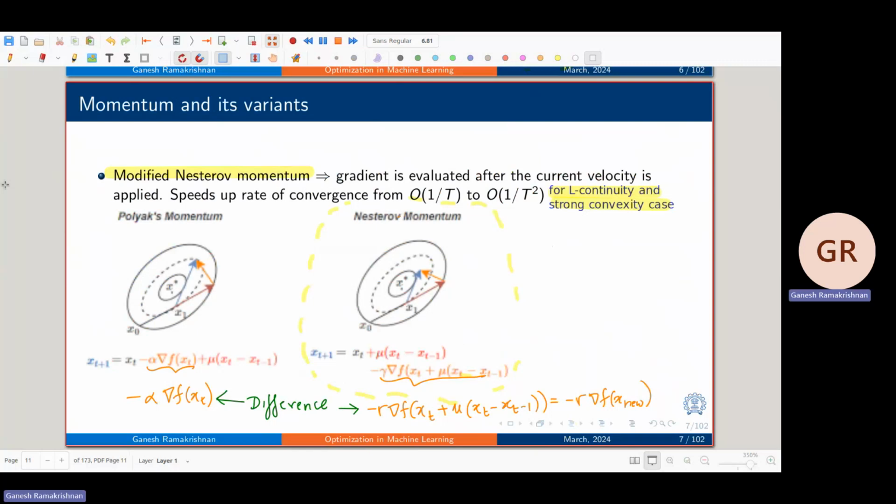The modified Nesterov momentum, where after you get the current velocity you apply the gradient, gives convergence from 1 upon t to 1 upon t squared. This is for the Lipschitz continuous and strongly convex case. We wanted to get the log of 1 upon epsilon, you remember? So this is not as good as that.